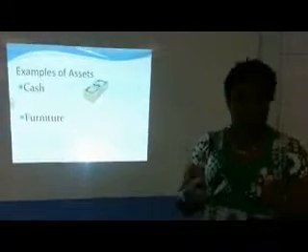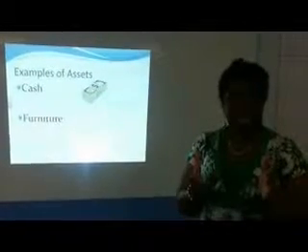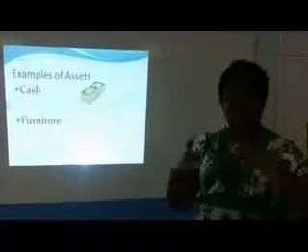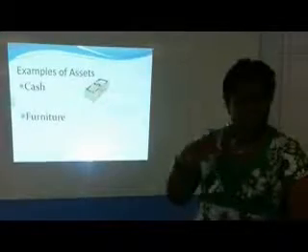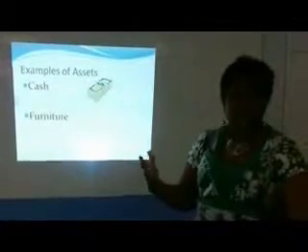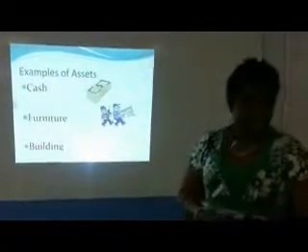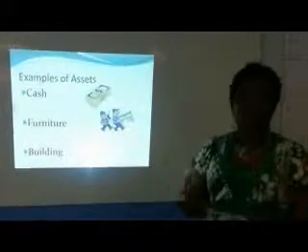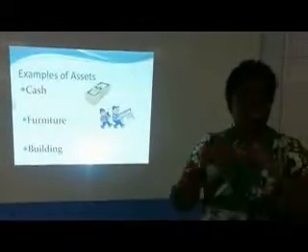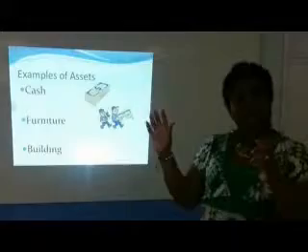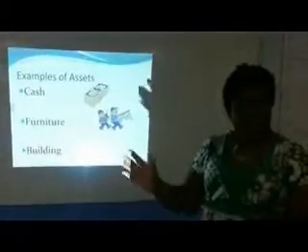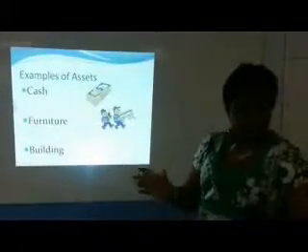Furniture. Furniture is an important asset in a business as well. We need furniture in order to set up, especially when we are setting up in a business. And we can't operate unless we have a building. So these three examples are examples of our assets.